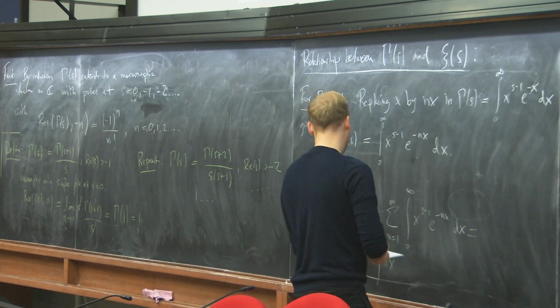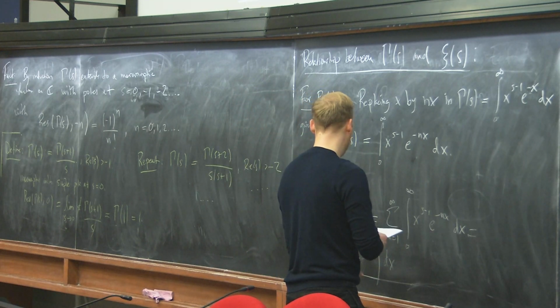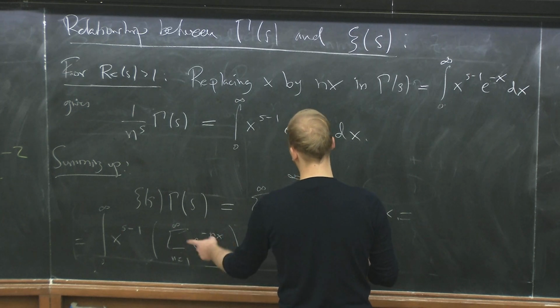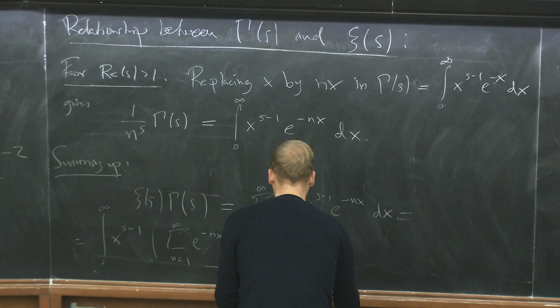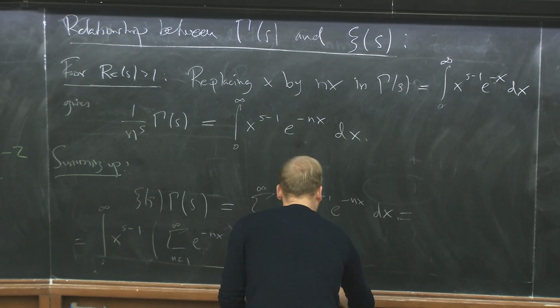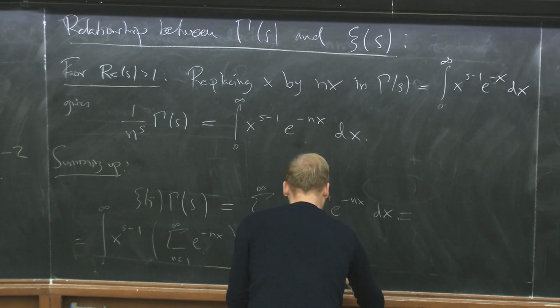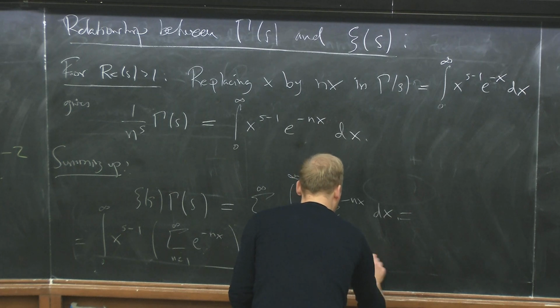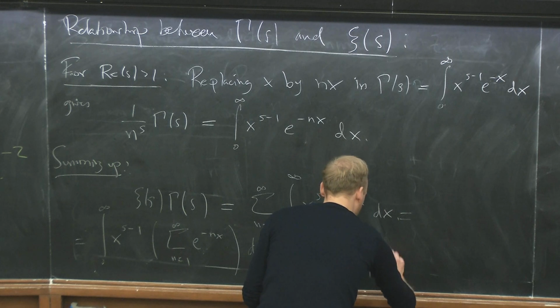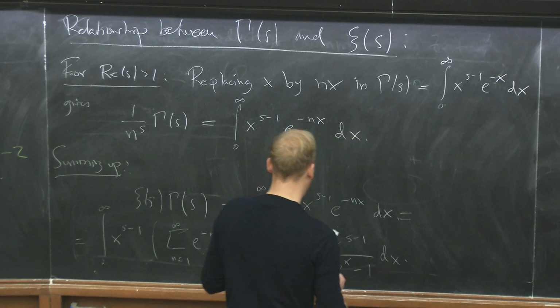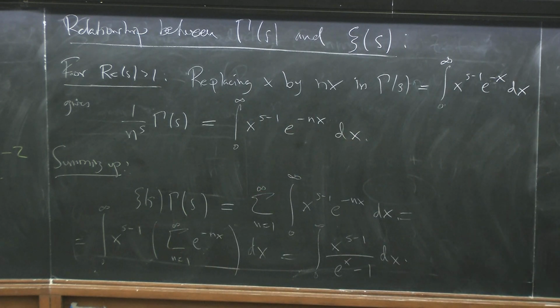Then I can use the geometric series to see what this sum of e to the minus nx is. There are some simple computations to be made, but the claim is that this is equal to the integral from 0 to infinity of x to the s minus 1 divided by e to the x minus 1 dx, and so on.